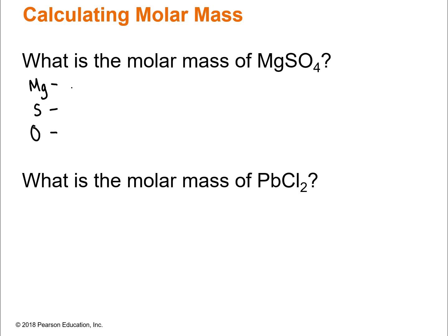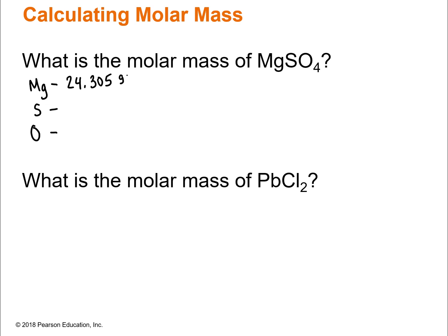I'm using the one that I put on Blackboard, so if that's the one you're using, we'll have the same numbers. I'm going to go with 24.305 just because that's what I have. But if you use 24.31, you're not going to be too far off.